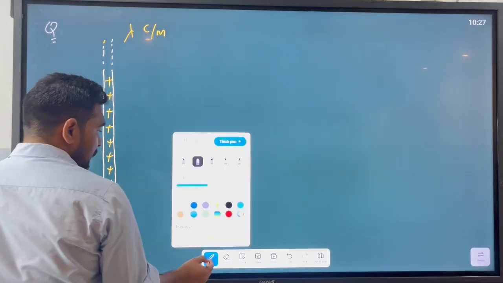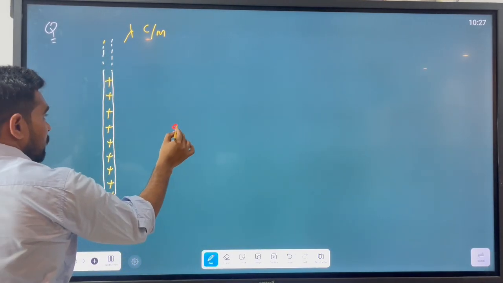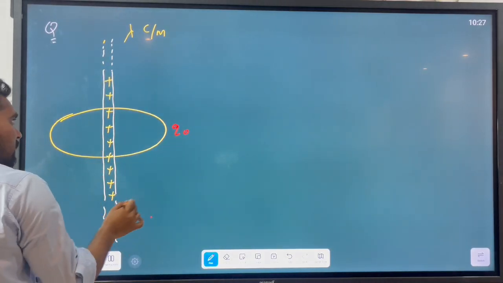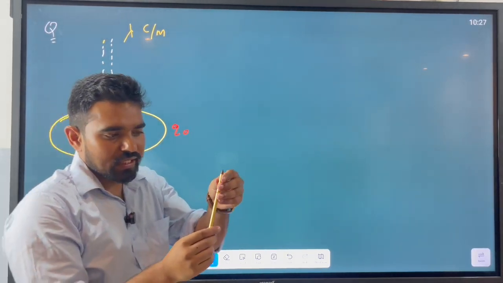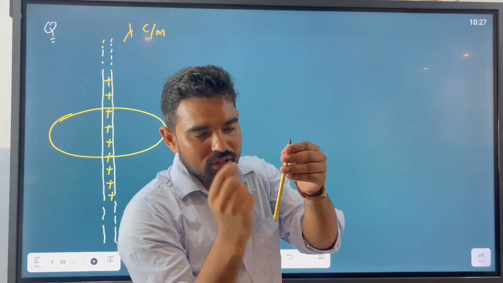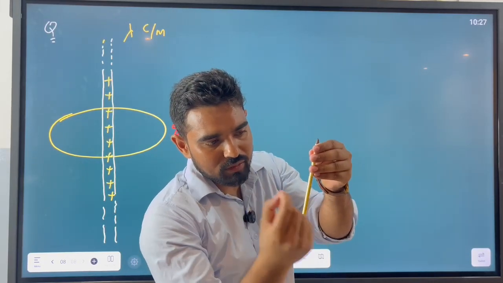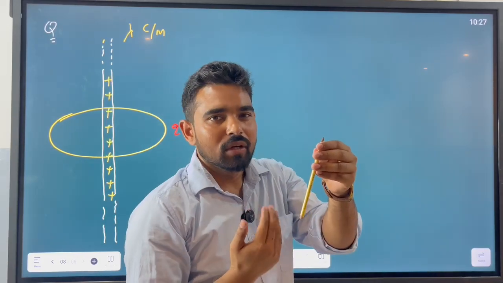And a point charge Q naught moves along a circular path around the charged rod. Suppose that this is the charged rod and the positive point charge moves along this path, around the charged rod along the circular path.